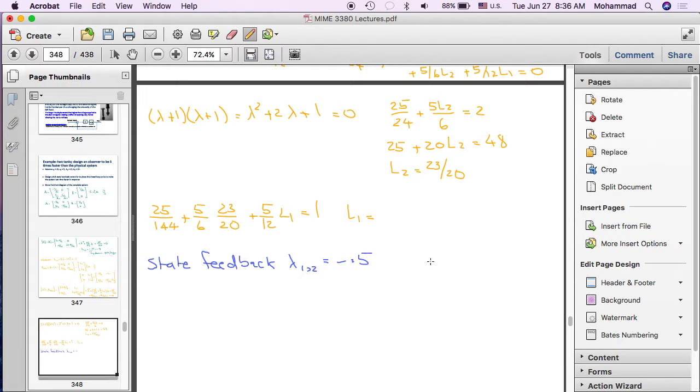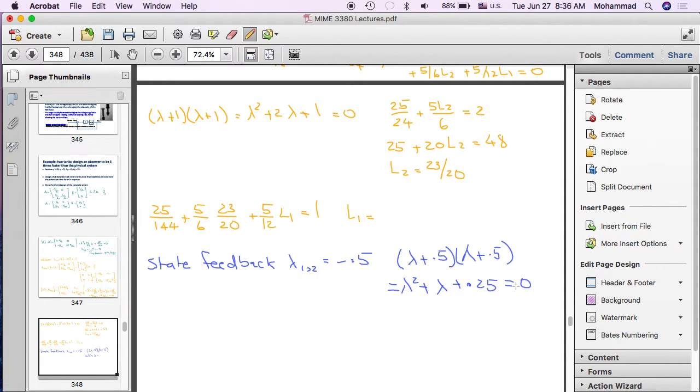So that means the characteristic equation for that is going to be lambda plus 0.5 times lambda plus 0.5. So that's the characteristic equation, which is lambda squared plus lambda plus 0.25 equals 0.